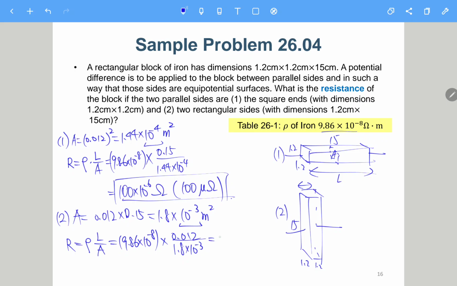So this is 0.65 micro ohm, much smaller. This is 0.65, this is 100, and they have the same prefix, micro ohm. So this example is quite easy for trying to use this equation.